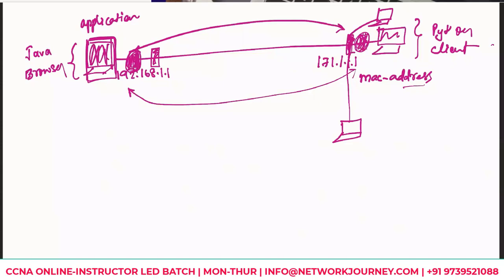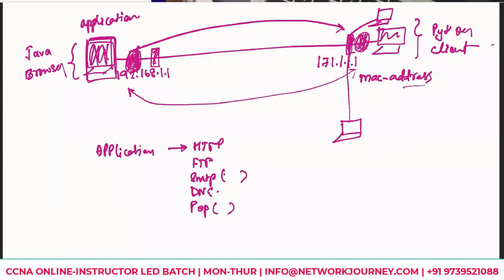So let me put some protocols for the application layer. You have HTTP, FTP (file transfer protocol), simple mail transfer protocol, domain name system, and post office protocol. Again, this is relevant to your mail messengers. This is file transfer, this is your domain name queries, this is your web traffic.